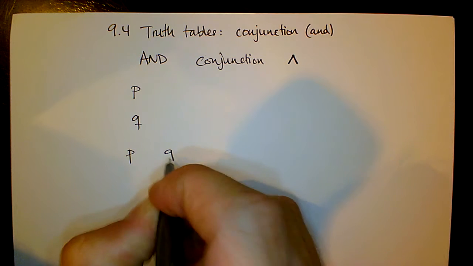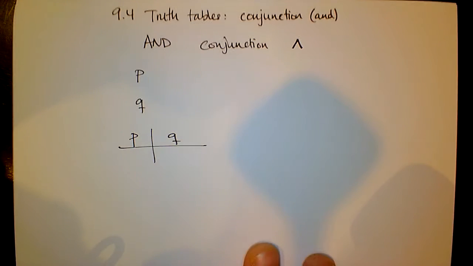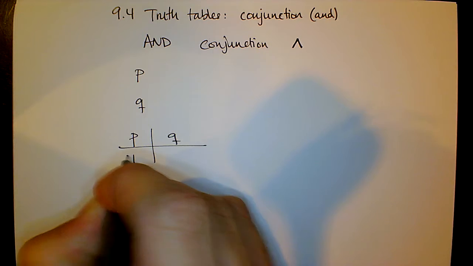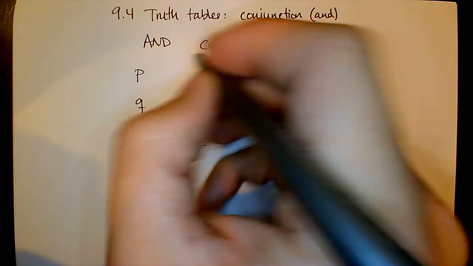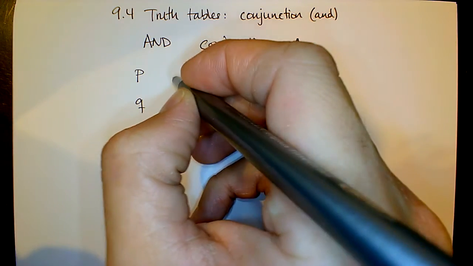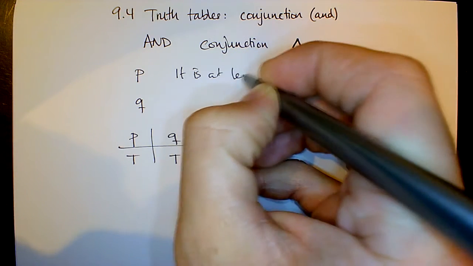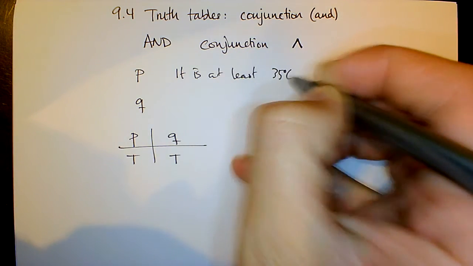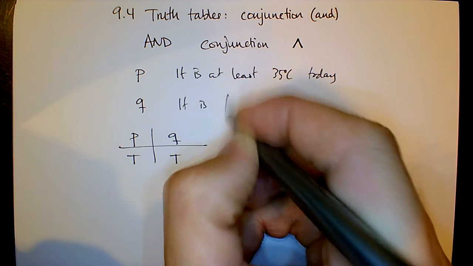So we could set up a truth table for this. So we'll do like that, P, Q. And then we have the case where both P and Q can be true. For example, with the example that I gave you, it is at least 35 degrees Celsius today and it is Friday.